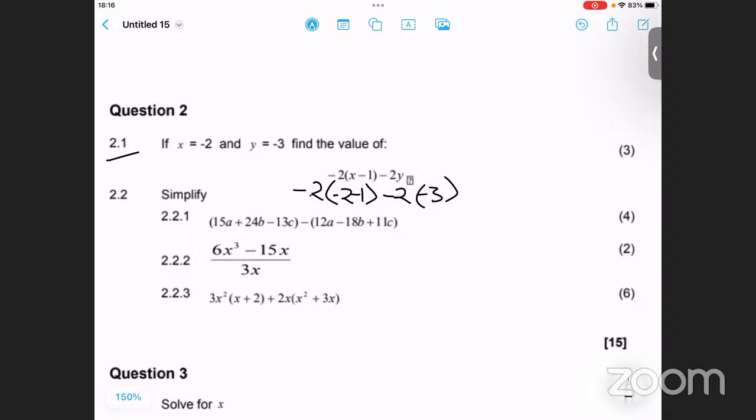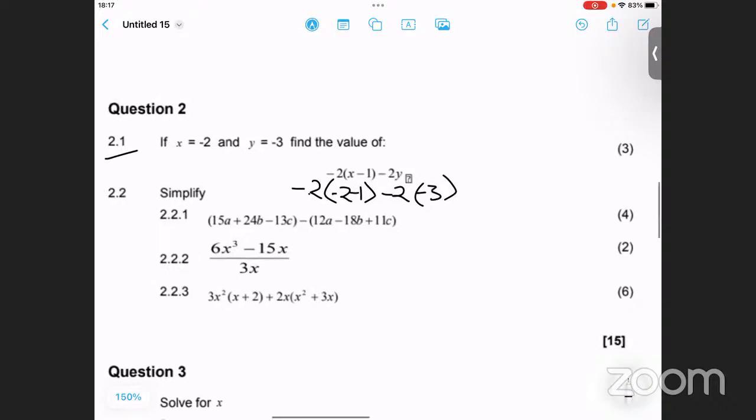And then, ma'am, into brackets it's gonna be 15a minus 12a, close brackets, plus open brackets 24b plus 18b, close brackets, plus open brackets -13c minus 11c, close brackets. Below is going to be 3a plus 42b plus open bracket -24c, close brackets, and then my final answer is 3a plus 42b minus 24c.